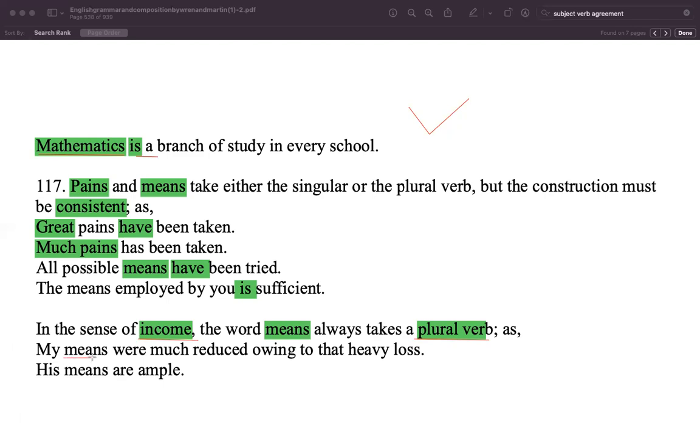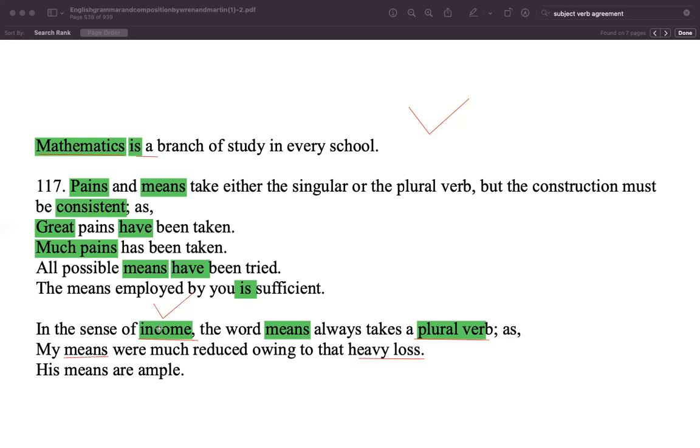Let's say my means, my income, were much reduced due to that heavy loss, right? So if income is presented or you identify it on the basis of the context, then the word means will be used as a plural. Like all possible means have been tried. The means employed by you is sufficient.